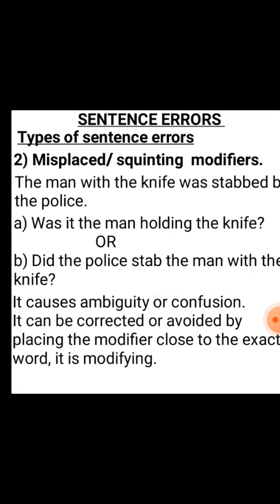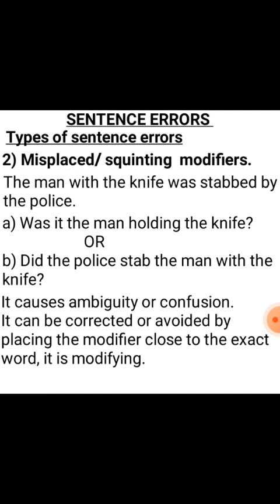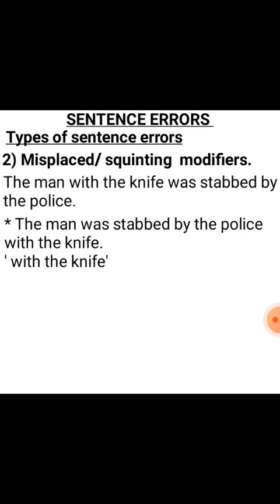So to correct this, we have to place the right modifier close to the exact word it is modifying. Take the sentence: the man with the knife was stabbed by the police. The modifier here is "with the knife". It is a prepositional phrase.